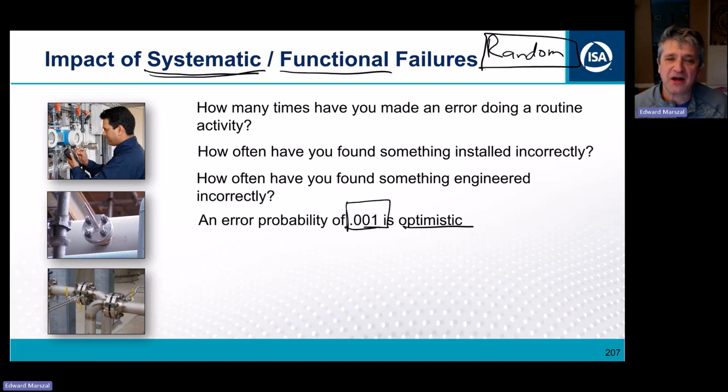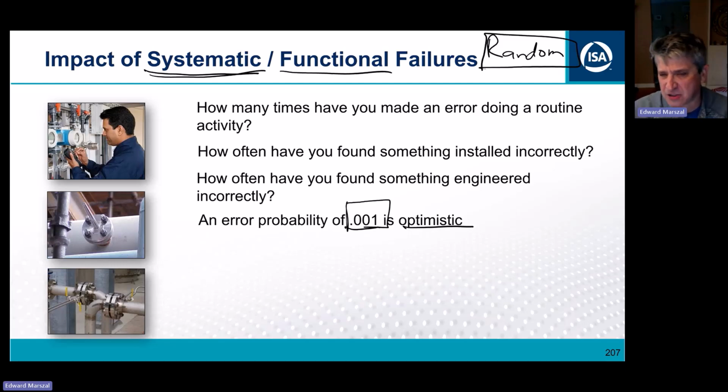But if you look at another activity, like you're in your car and you approach an intersection that has a red light, what is the probability that you misinterpret the red light and just go through the intersection? I would say that 0.001 is not just pessimistic, it's very pessimistic.